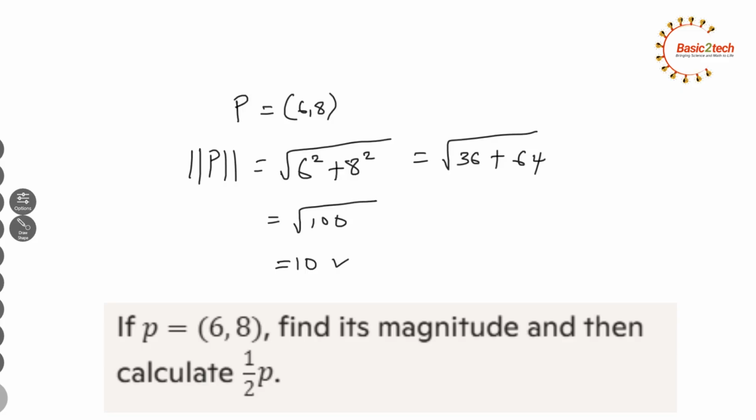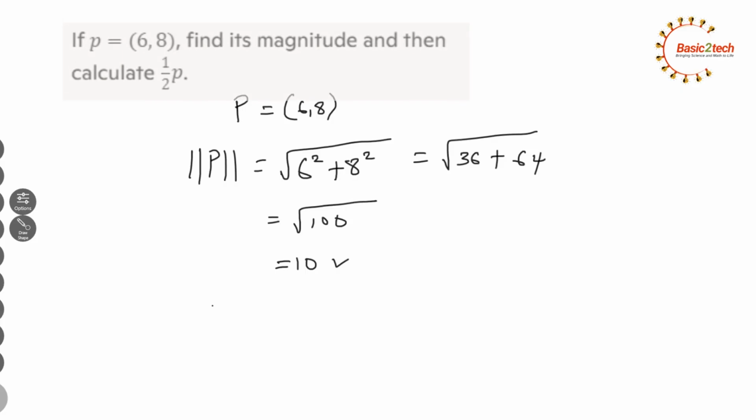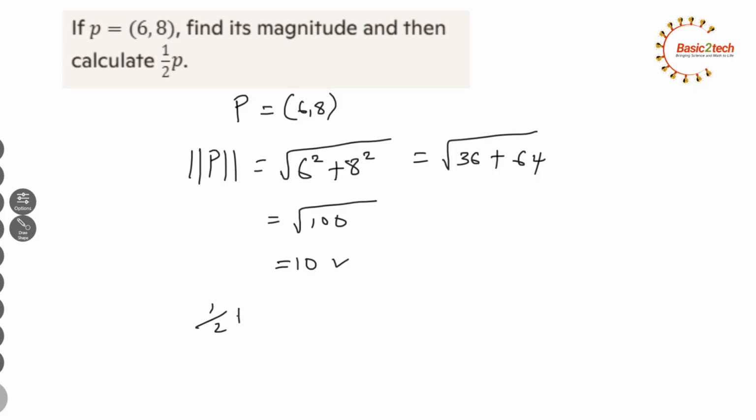So the magnitude of P is 10. Next, we have to find half P. This is scalar multiplication. This time we are asked to shrink the vector. So we have half times P, and P is 6 and 8. With the fraction outside, we multiply everything in the brackets.